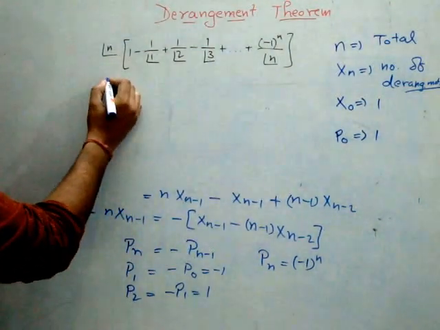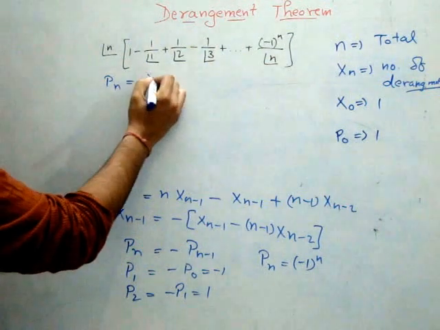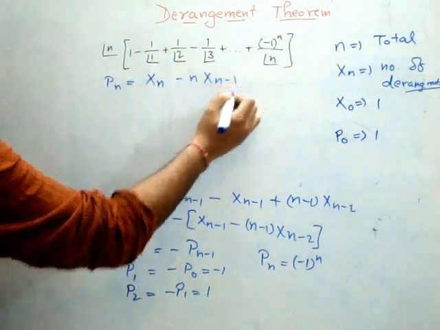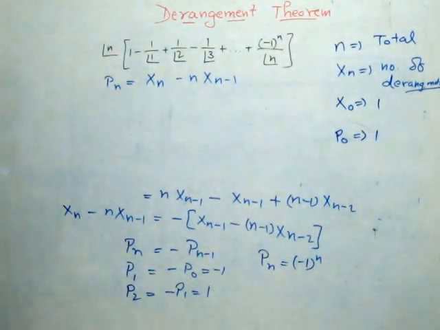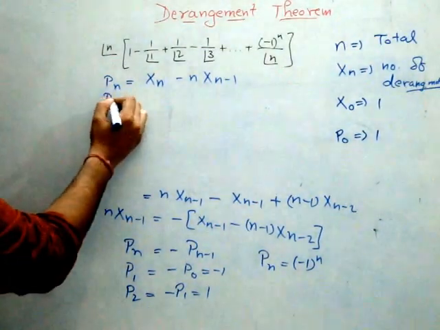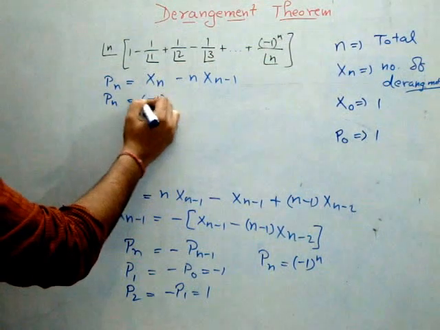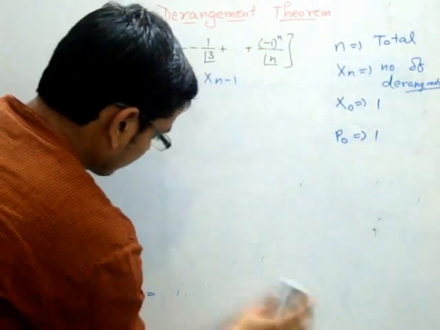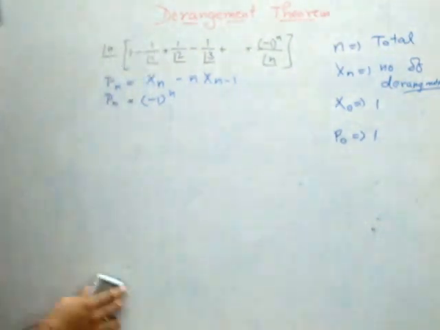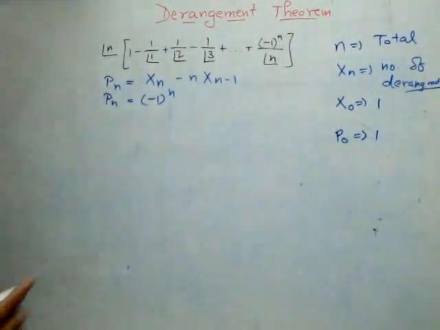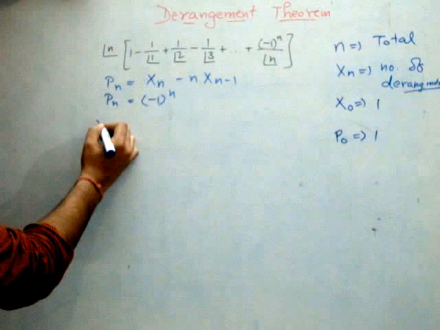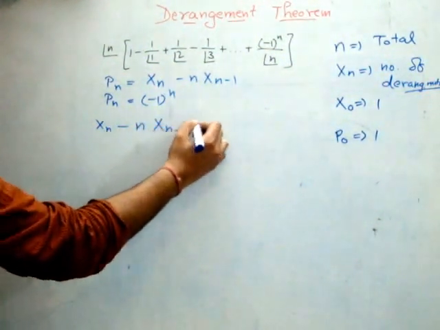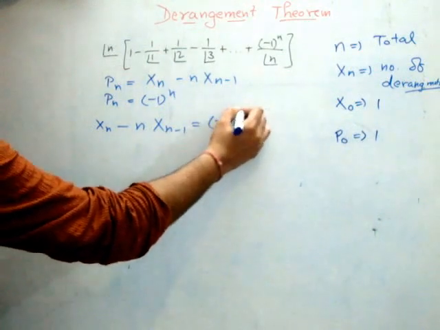What we have done is, first of all, Pn is equal to xn minus n xn minus 1. This is one thing. The other thing is Pn is equal to minus 1 to the power n. So this means we can equate these two. xn minus n xn minus 1 will be equal to minus 1 to the power n.